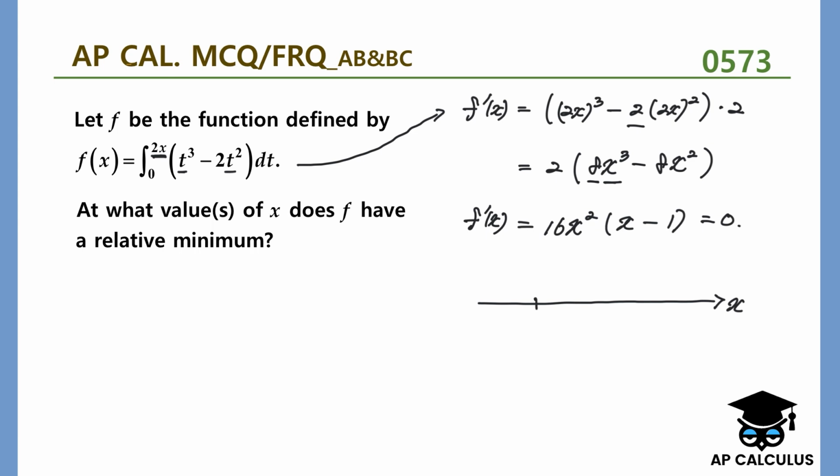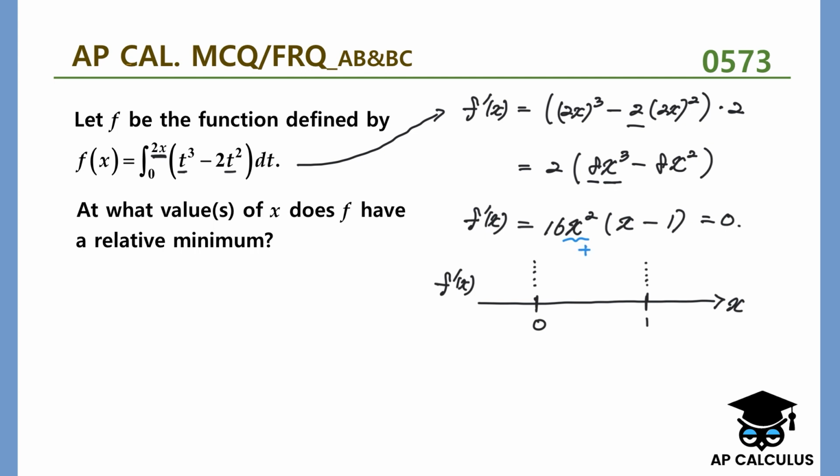So here 0, here 1, f prime, right? Substitute any value less than 0, maybe -1. Well, this is x squared, right? So don't worry about this. This is always positive.